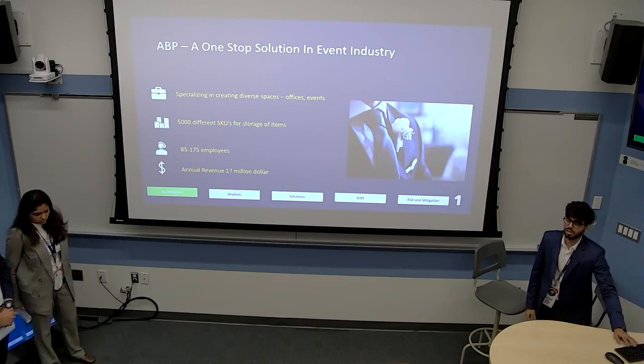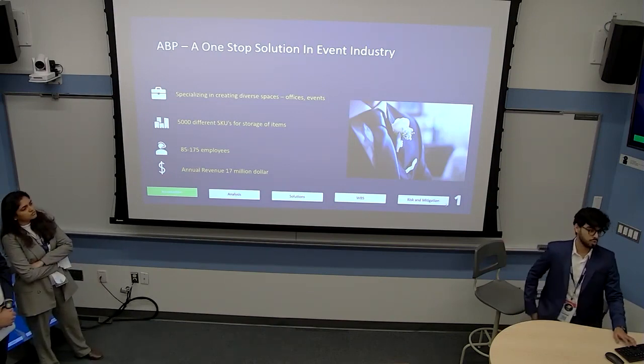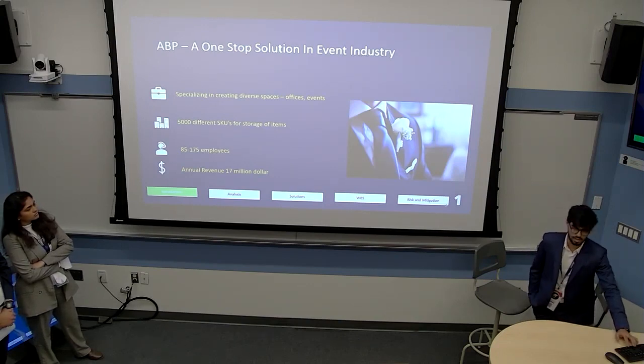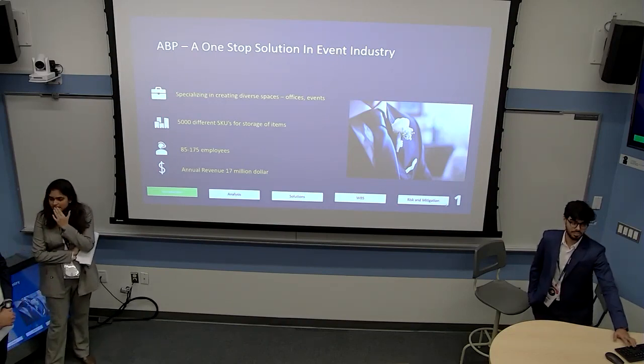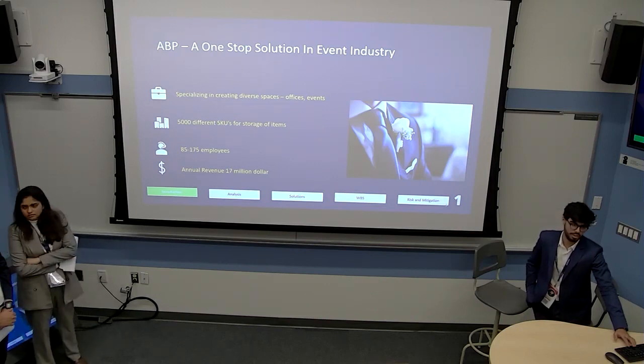So they have specialization in quite a lot of fields. One thing to note is that they have 85 to 175 employees, depending on seasonality, and their annual revenue is around $17 million.